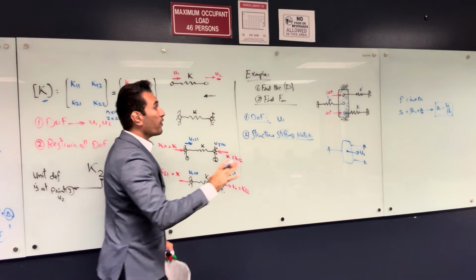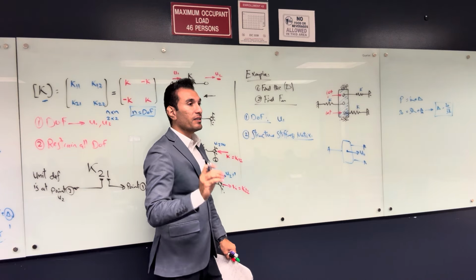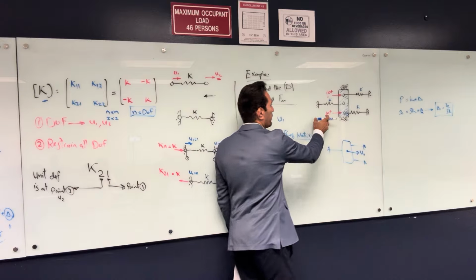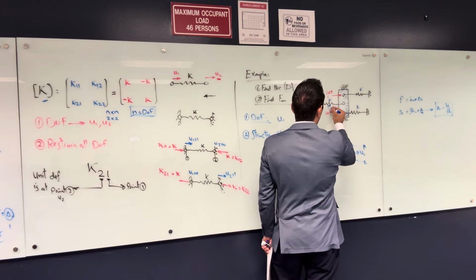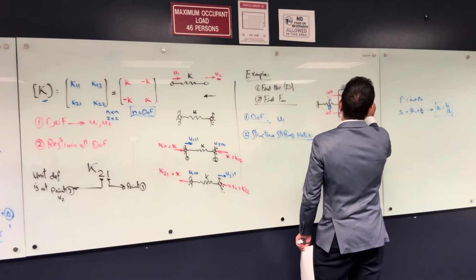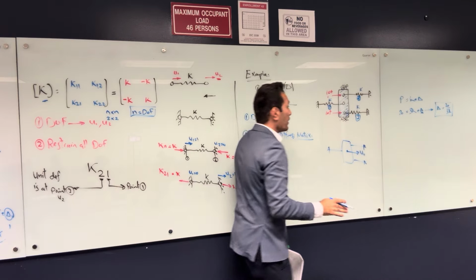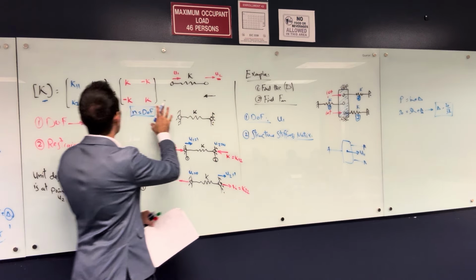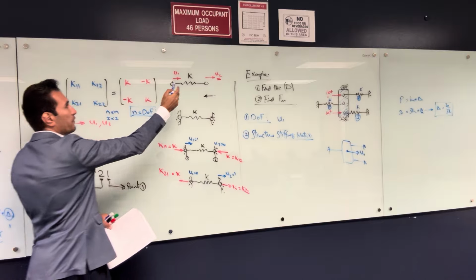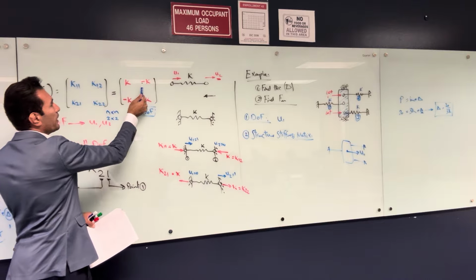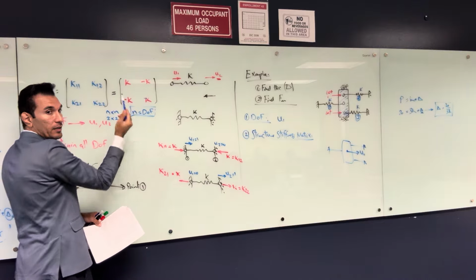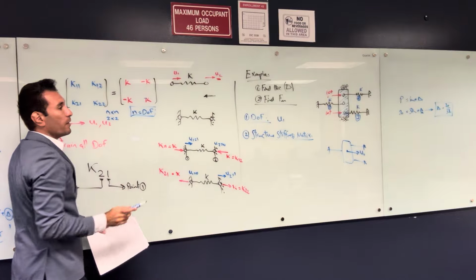All right, so first you have to put the element stiffness matrix element by element. So I'm gonna call this element number 1, this is 2, and this is 3. By the way, for the springs, this is the general stiffness matrix of the spring. If this is 3K, this is gonna be 3K, negative 3K, negative 3K, 3K. If this is 100, you're gonna multiply by 100.